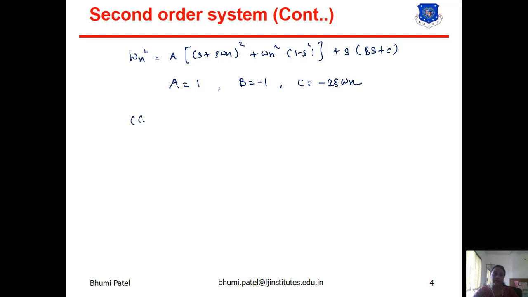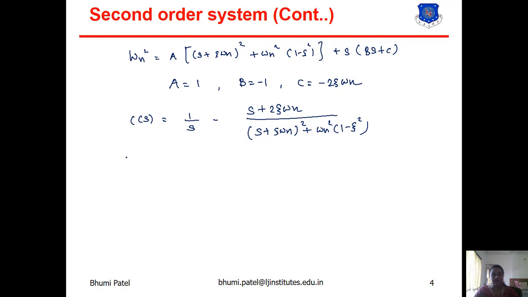So the final equation will become C of S is equal to 1 by S minus S plus 2 zeta omega n upon S plus zeta omega n whole square plus omega n square 1 minus zeta square.